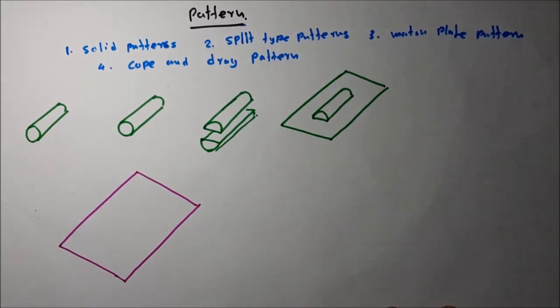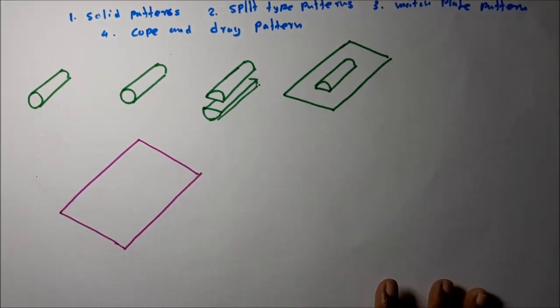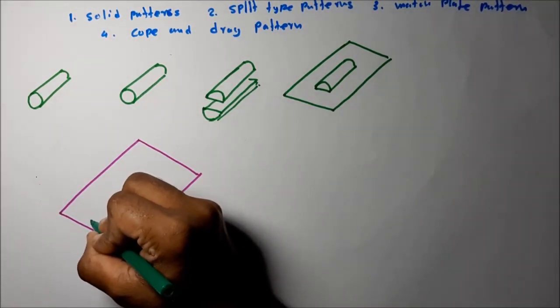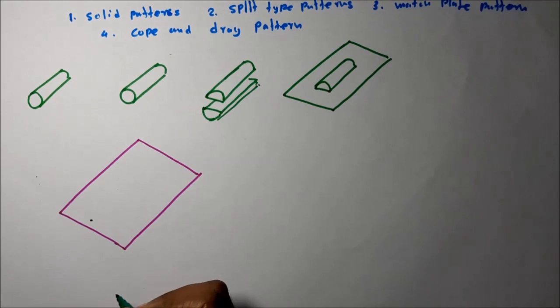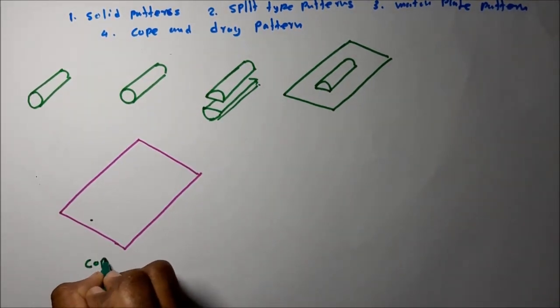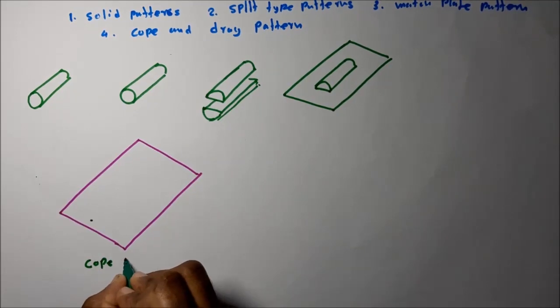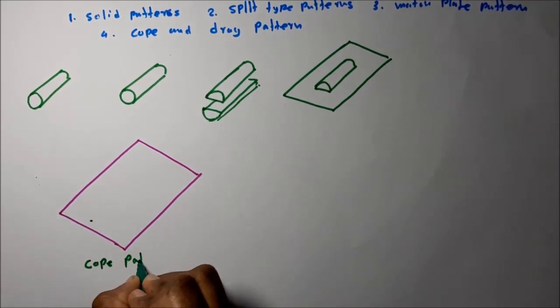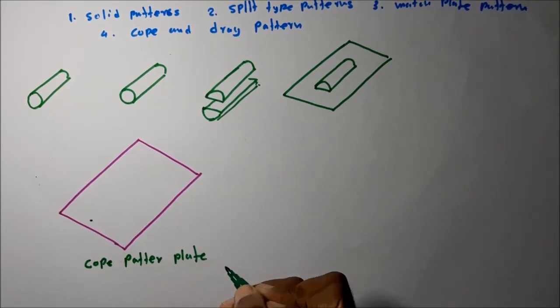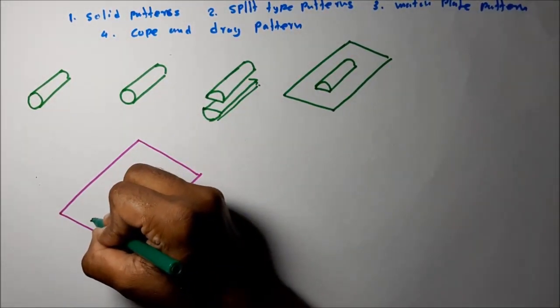This is a wooden plate. Then everything required to manufacture this. Let's take a cope pattern plate. First I will do the cope pattern plate.